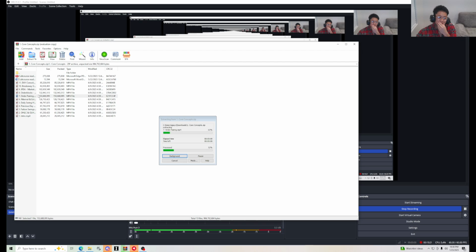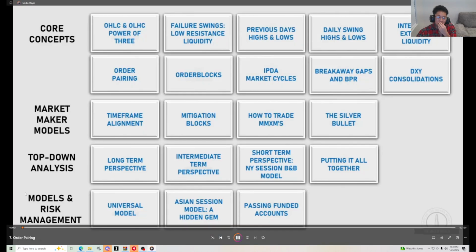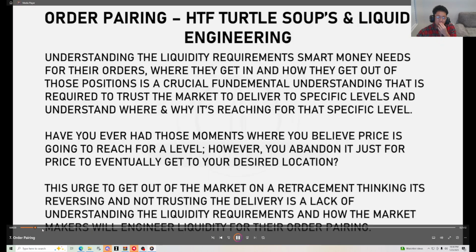Let's go into order pairing. In this next lesson we're going to cover liquidity engineering: understanding the liquidity requirements smart money needs for their orders, when they can get in, how they get out of the positions.